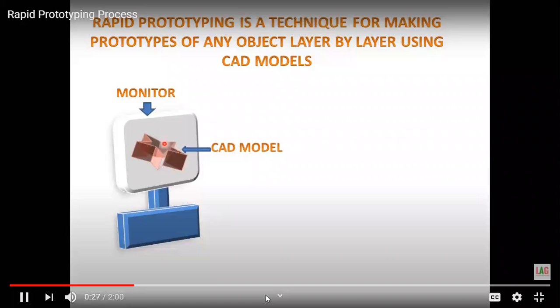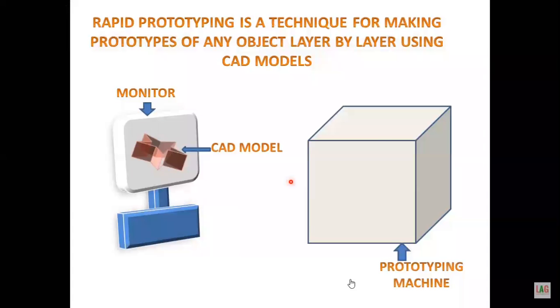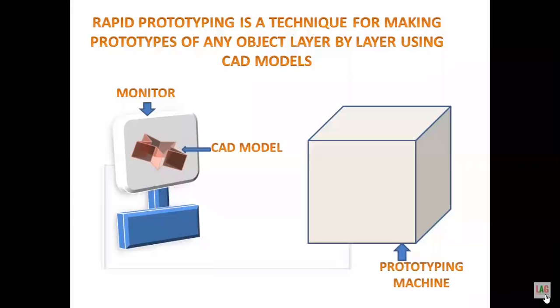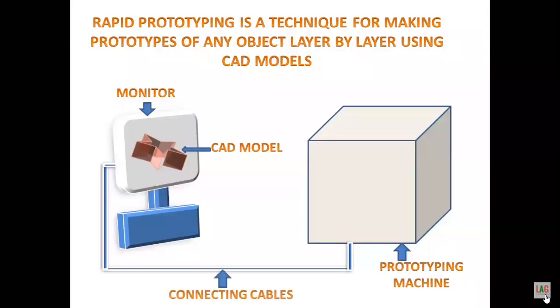If we want to make a prototype, there is a prototyping machine. We can also say this machine is a 3D printer which makes 3D prints. It is connected by a wire to the monitor. This is the connecting cable.